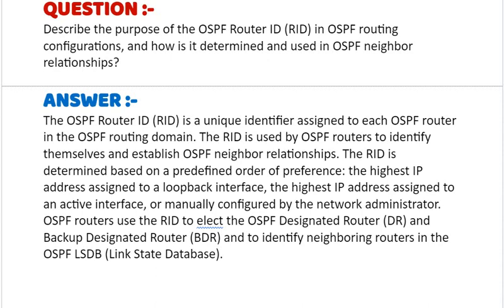The RID is determined based on a predefined order of preference: the highest IP address assigned to a loopback interface, the highest IP address assigned to an active interface, or manually configured by the network administrator.